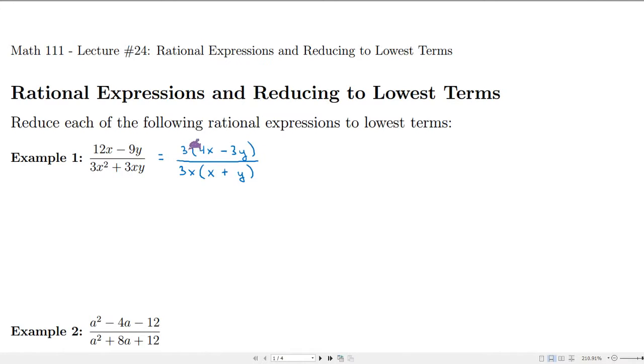And at this point, we can reduce. So how do we reduce? Well, we reduce out any common factor. So this 3 and this 3 will cancel, and we have our solution, which is just 4x minus 3y divided by x times x plus y.